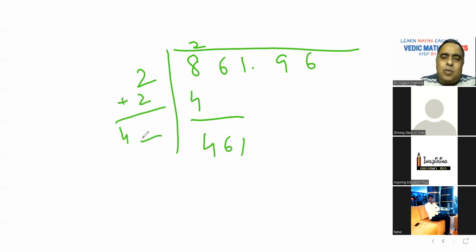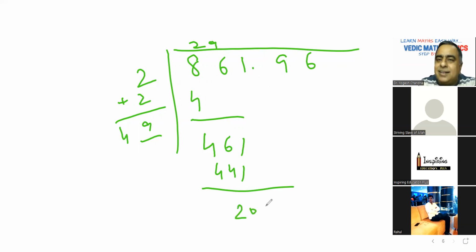This, 49. What was here? 9. Up till here, did you require any extra thing? No. 441. Now the answer is 20. Now you need a decimal. Now decimal is there, so that's why now I write the decimal. Now is it clear?